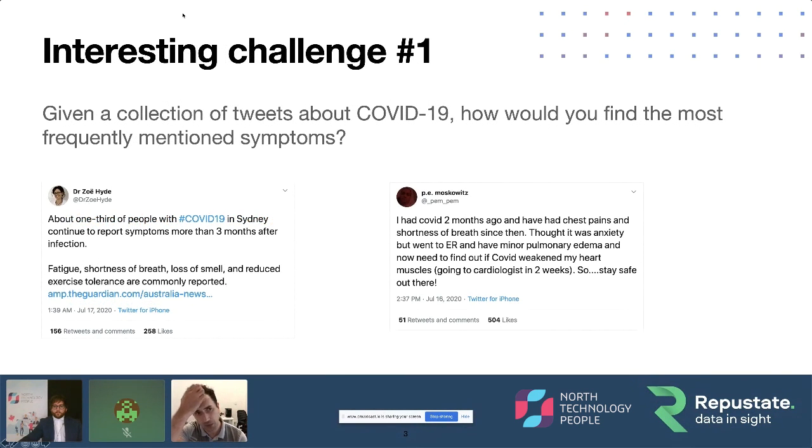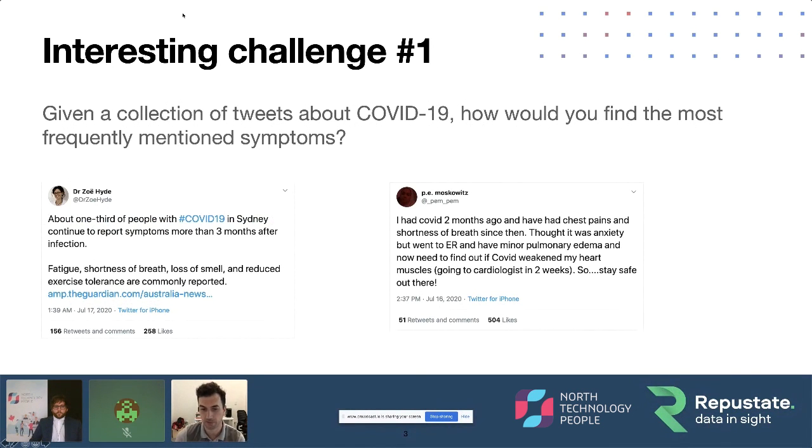So there's a few interesting challenges that we stumble upon when we're dealing with semantic search. Consider this problem. Say you have a collection of tweets about coronavirus. How would you find the most frequently mentioned symptoms? So you've got hundreds of millions of tweets over the last 6-7 months, and you want to figure out which symptoms people seem to talk about the most.